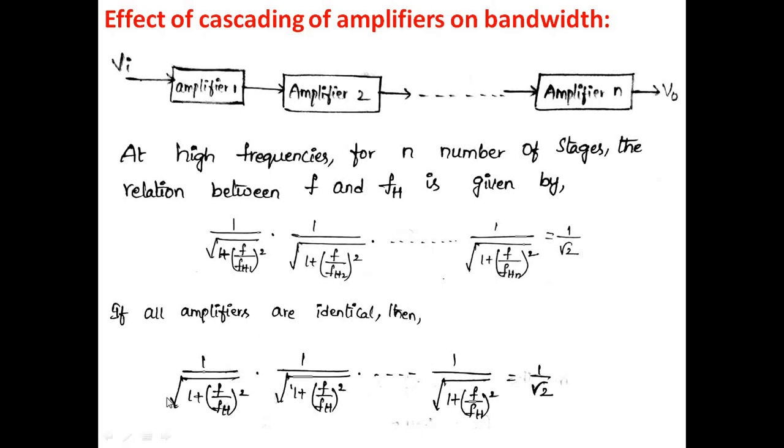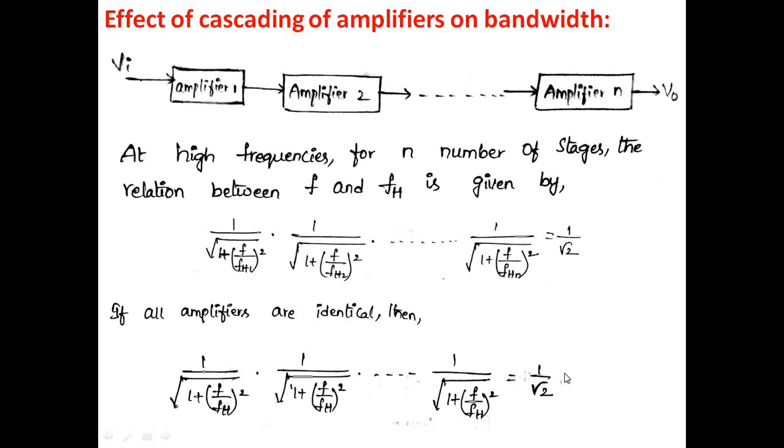This is what you calculate: AV high divided by AV mid, which is equal to 1 divided by square root of 1 plus f by fh whole square, which is equal to 1 by root 2.